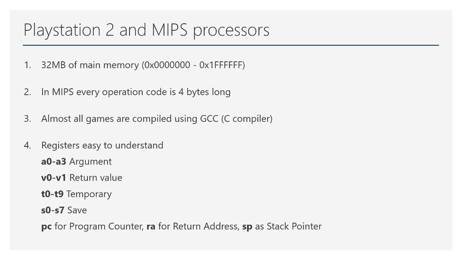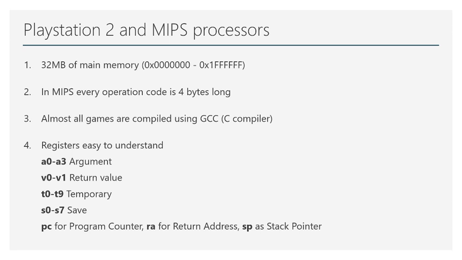So we have A0 to A3, which are the argument registers. V0 and V1, which are the return values. From T0 to T9 are the temporary registers, and from S0 to S7 are the saved registers.